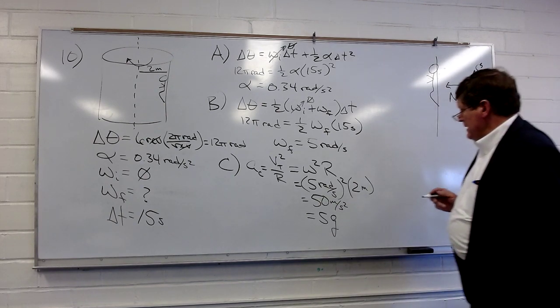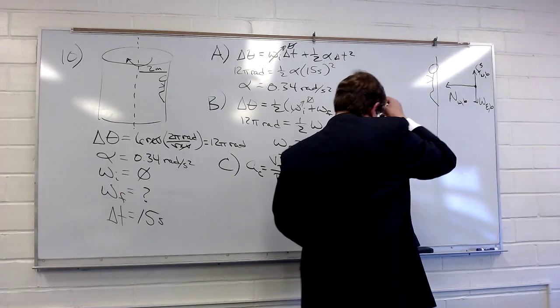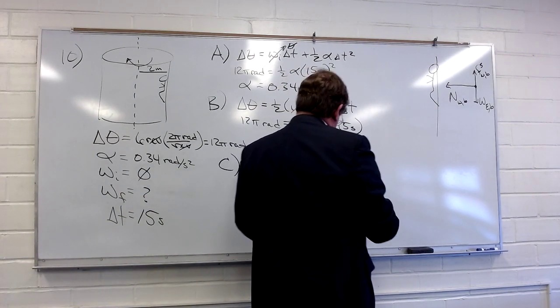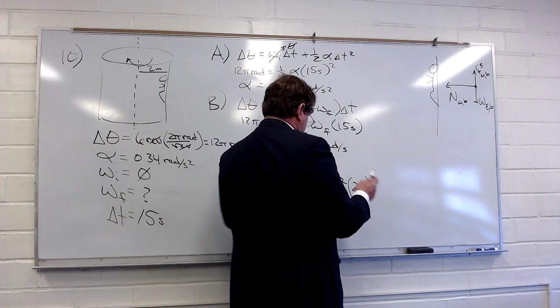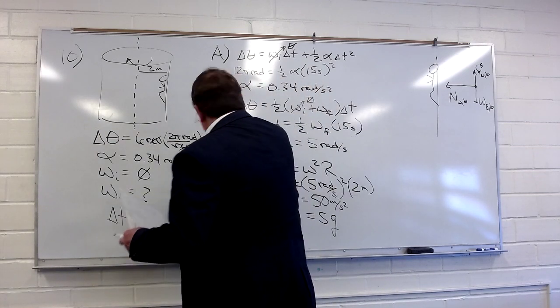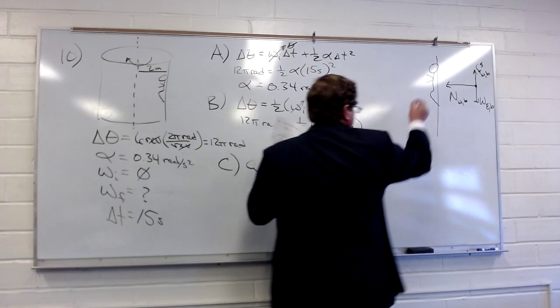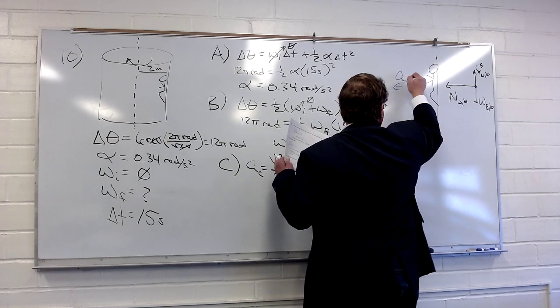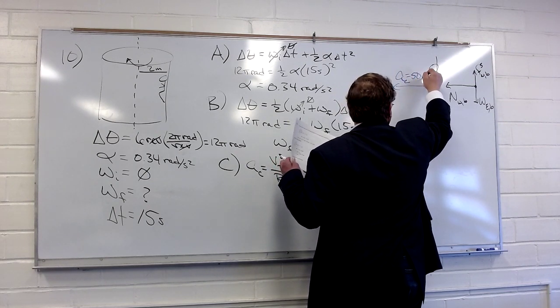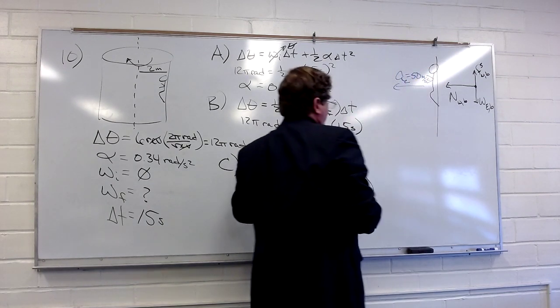Now, I know that this diagram had better scream towards the center of the circle that Billy's going in. So this is going to have a centripetal acceleration equal to 50 meters per second squared that way.